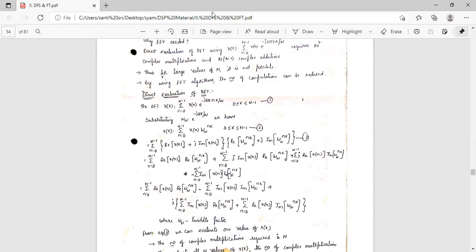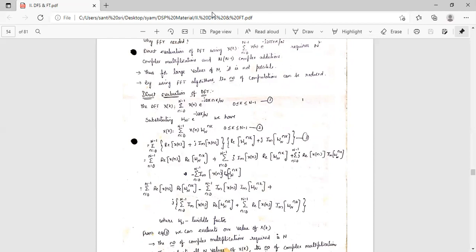So that is the discrete Fourier transform. So 0 is less than or equal to k is less than or equal to N minus 1. That will be considered as equation number 1.